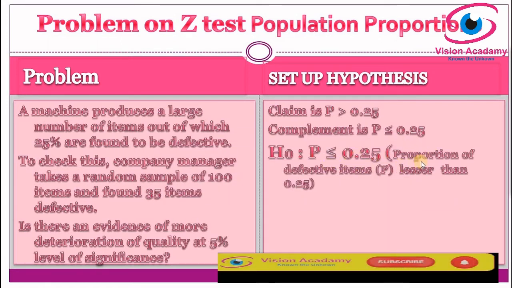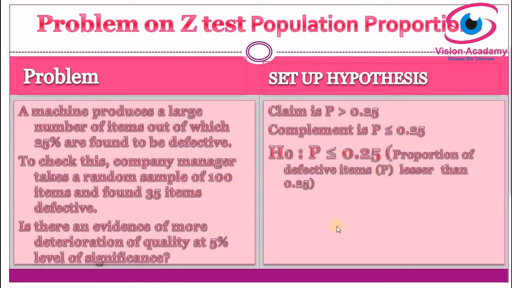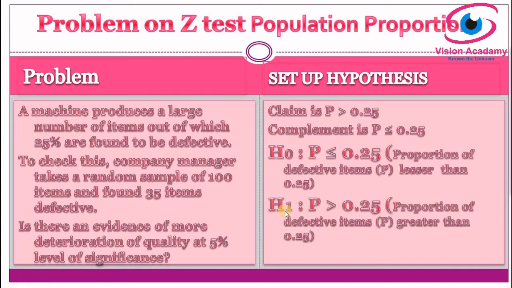That indicates the proportion of defective items is at most 0.25, and the claim is the alternative hypothesis, that is P is greater than 0.25. That means the proportion of defective items is greater than 0.25. So now we have set up the null and alternative hypotheses. We also have a significance level of 0.05. Also we have a sample size of 100, which is not a case for a t-test; it must be a z-test. So the appropriate test for this problem is the z-test for population proportion.